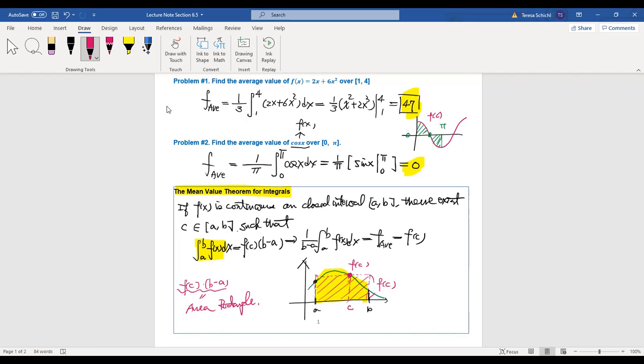For this one, it's the same thing, so that means f of C is equal to 47.